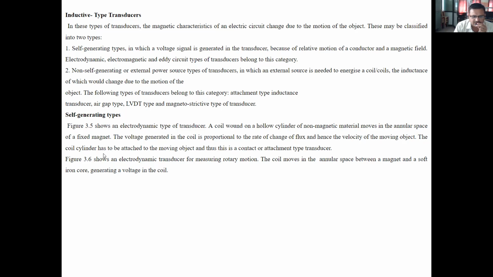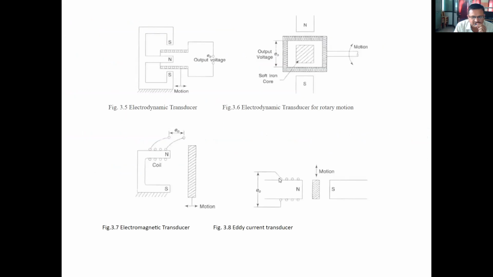The coil cylinder has to be attached to the moving object and thus this is a contact or attachment type transducer. Figure 3.6 shows an electrodynamic transducer for measuring rotary motion. The coil moves in the annular space between a magnet and a soft iron core, generating a voltage in the coil. Therefore, this is electrodynamic transducer for linear motion.